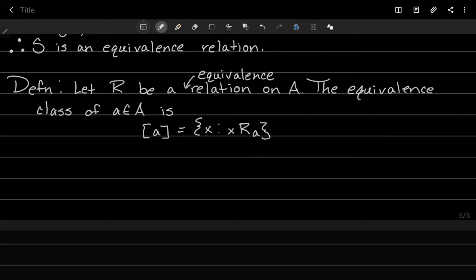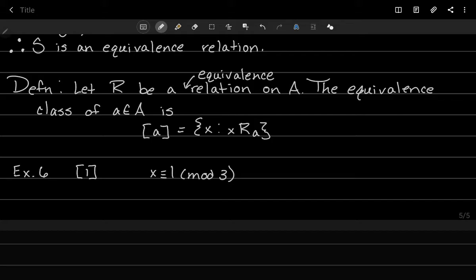Okay, so let's see an example of this. If I look back at example 6, and I want the equivalence class of 1, that's going to be everything that's related to 1. So that means everything that is congruent to 1 mod 3. Well, that means everything that has remainder 1 when divided by 3.